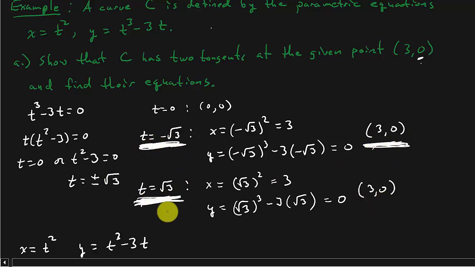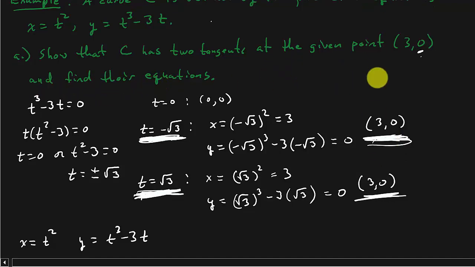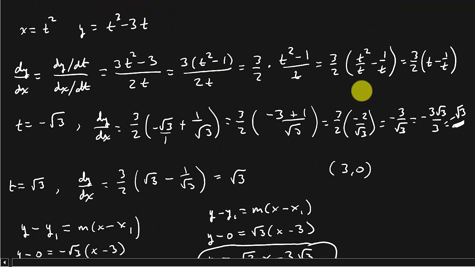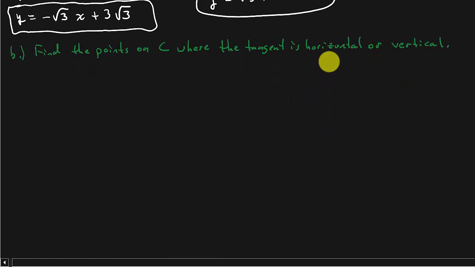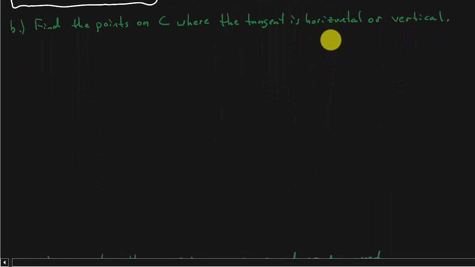Each of those t values gave us the point 3, 0, so that tells us it crosses itself. And then we found the equation of the two tangent lines by finding the derivative, getting the slope, and all that good stuff. Now it says find the points on C where the tangent is horizontal or vertical. All right, so let's do that.